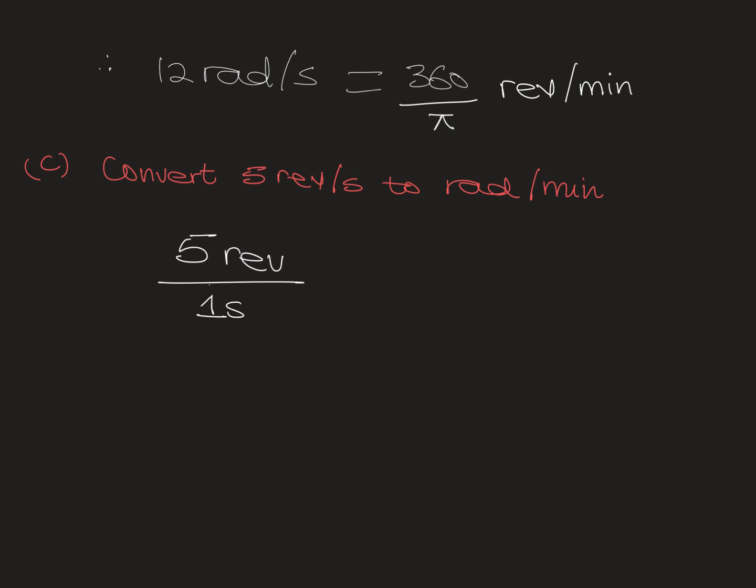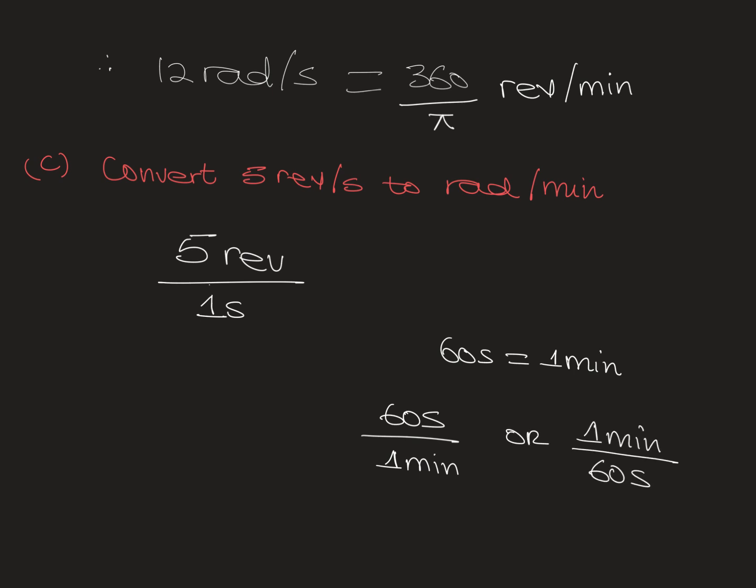Since time is in different units, we have to convert time from seconds to minutes. We know that 60 seconds is equal to 1 minute. So if we should express this in fraction, is it going to be 60 seconds divided by 1 minute or 1 minute divided by 60 seconds?